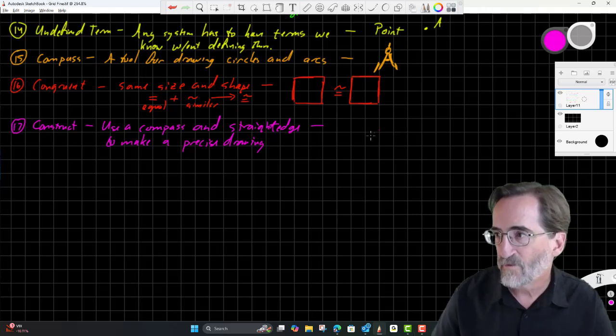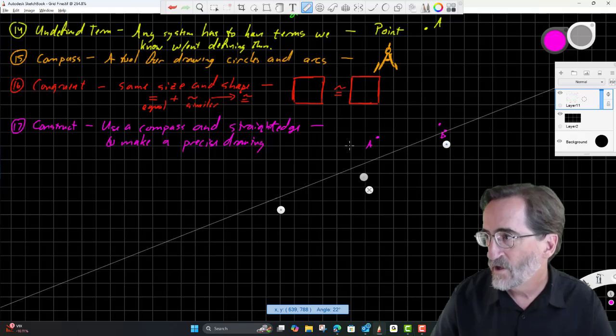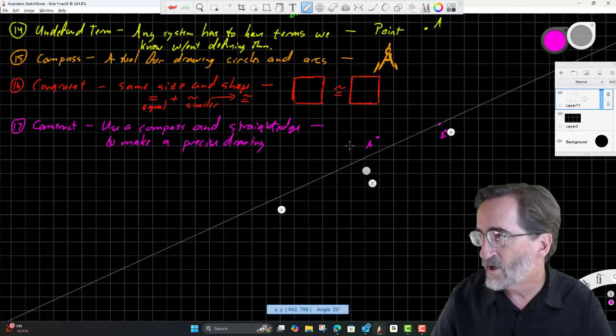Give you an example. 2 points. Grab my compass. Actually, grab my straight edge first. I'm going to do the perpendicular bisector of AB.